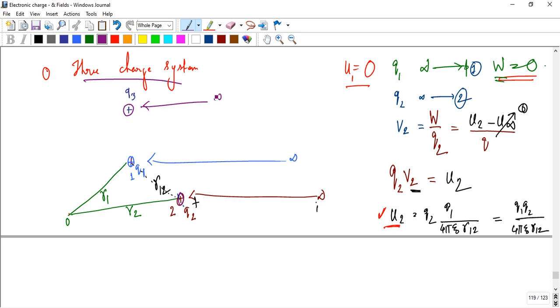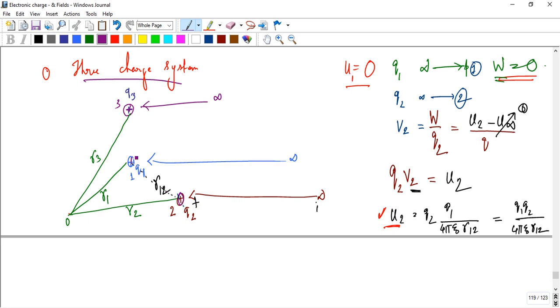When Q3 test charge, or another Q3 charge, is brought from infinity to that point, point 3, the position is R3. When Q3 is here, Q3 experiences potential and energy due to Q1 and Q2.